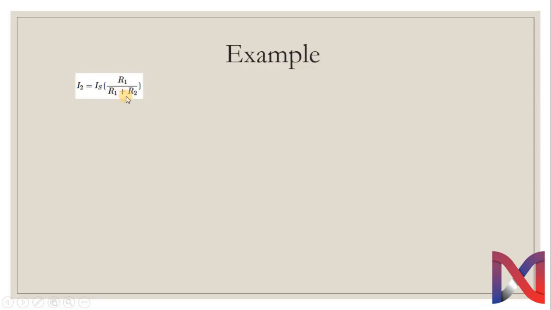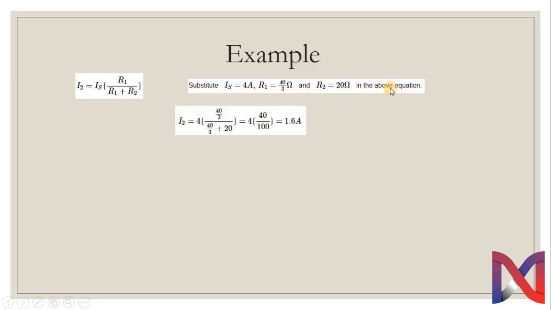So here we have R1 plus R2, and Is is 4 ampere and R1 is 13.33 ohm. So we are going to substitute 4 ampere, 13.33 ohm and 20 ohm resistor in the above equation.